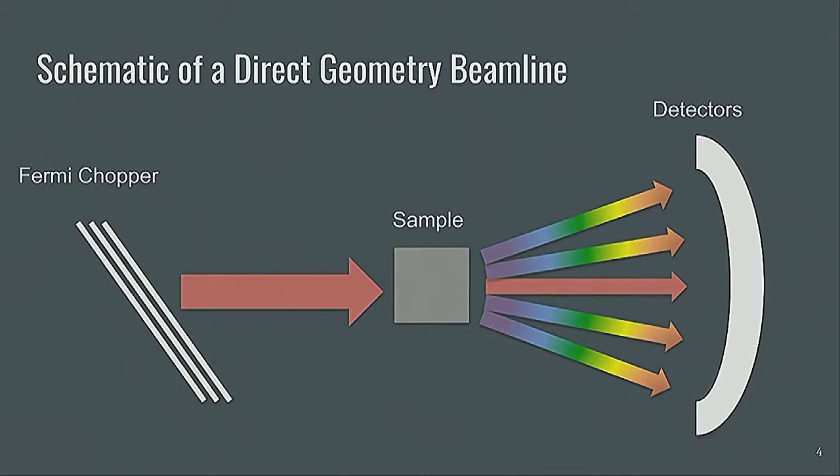Because we're looking at inelastic scattering, we care about the energy changes that you see when you scatter. So if you hit the sample with a certain energy and excite a phonon, the neutron will then lose energy, as depicted by these rainbow arrows.